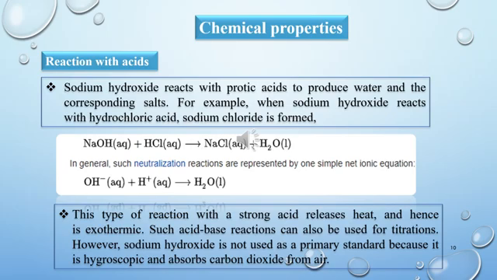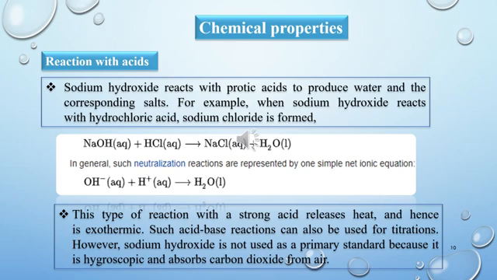Dear students, in this point, he said that when sodium hydroxide reacts with a protic acid, an acid in which the hydrogen ion is connected with a more electronegative atom is known as a protic acid, it will produce water and salt.